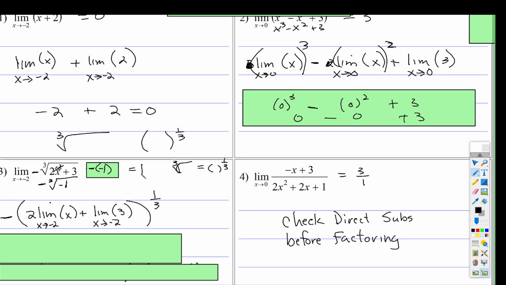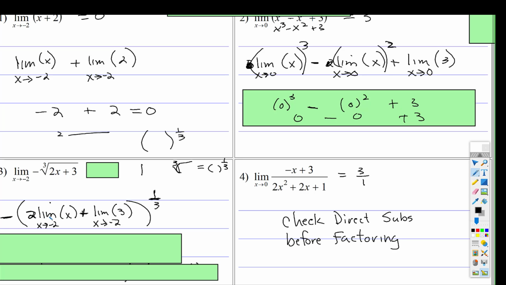Now, if we use the limit laws, remember, there's a negative sign. That negative goes out in front of the limit, but then this is the cube root. The limit of a cube root is the cube root of that entire limit. And inside that radical, we've got a couple things going on. We have the sum, but here we have a coefficient. And remember that the limit of a product is the product of limits.